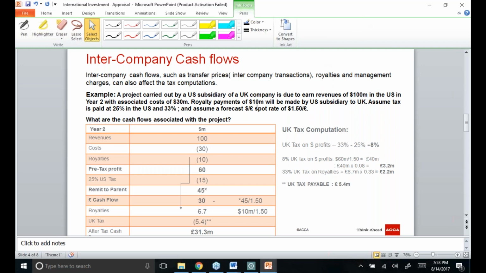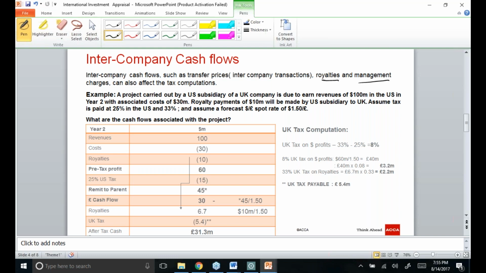Let's start with a new concept, and we will cover the tax concept again in this example. Intercompany cash flows such as transfer prices, royalties, and management charges can also affect the tax computation.